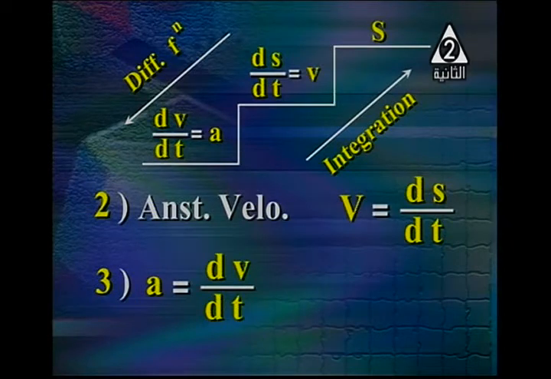Acceleration a equals dv over dt. Remember this relation between acceleration and velocity. When we find acceleration, we differentiate velocity with respect to the time t, but velocity is the derivative of distance with respect to the time t.